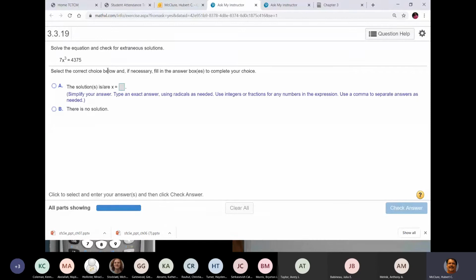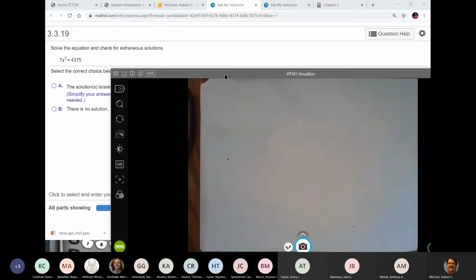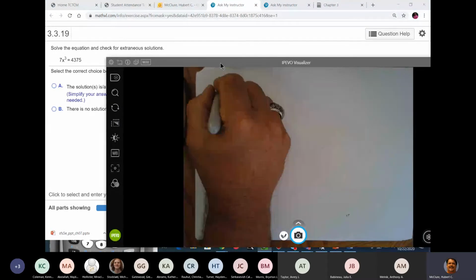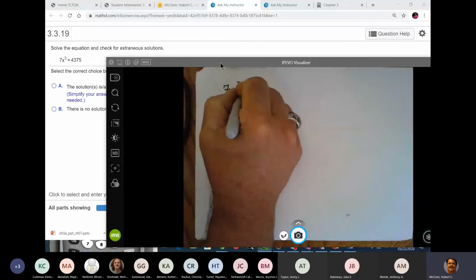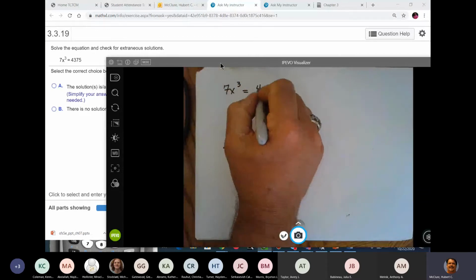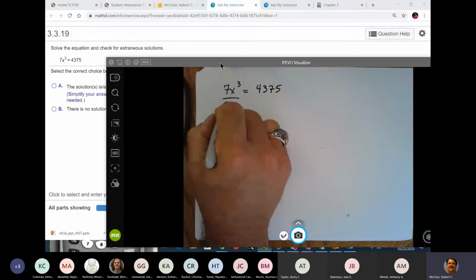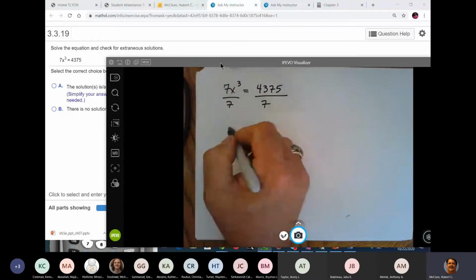All right, so first thing we're going to do is divide by 7. But here's our problem. Seven x to the third is equal to 43.75.